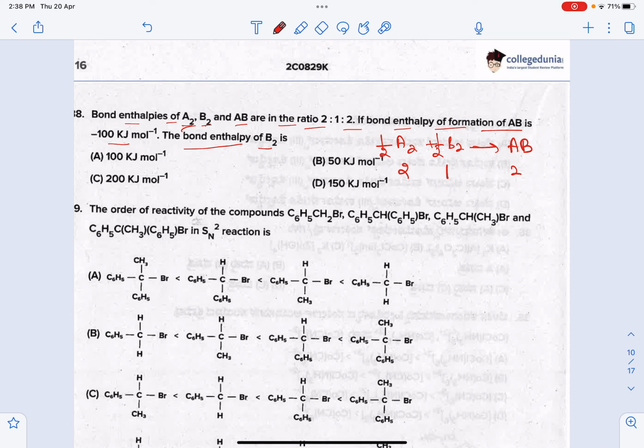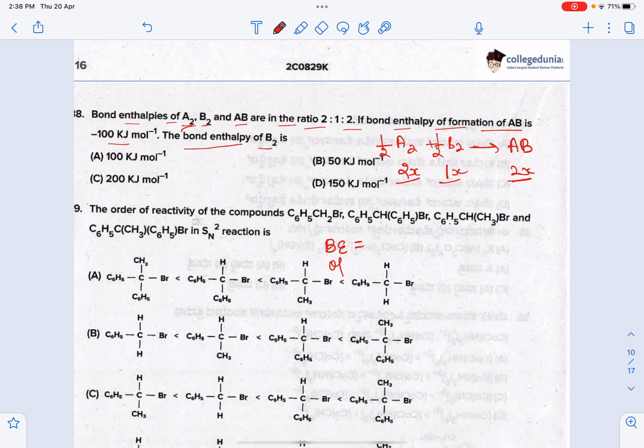To remove the ratio, we add x. Suppose this is 2x, this is 1x, and this has the actual value of 2x. Now just calculate the value of x. As you know the formula, the bond enthalpy of formation equals the bond enthalpy of reactants minus the bond enthalpy of products.